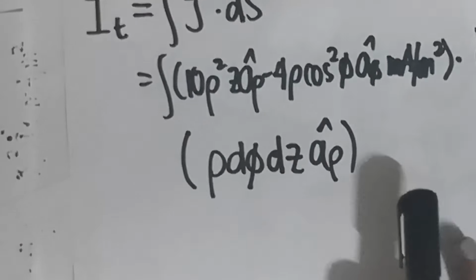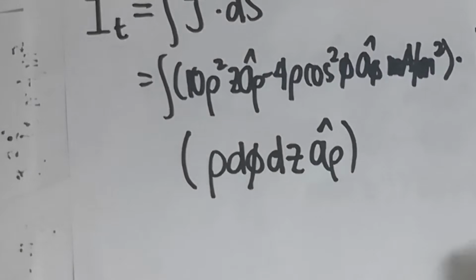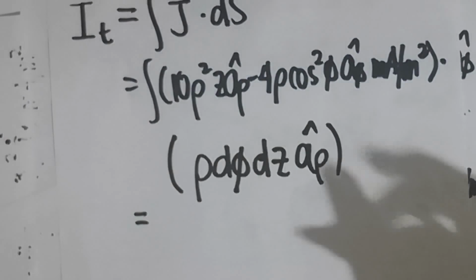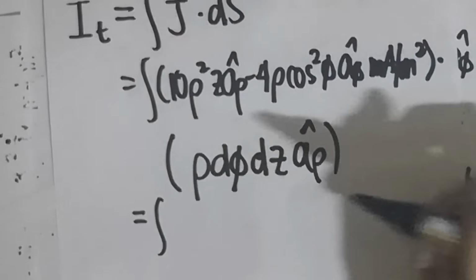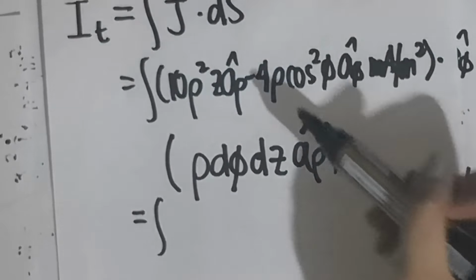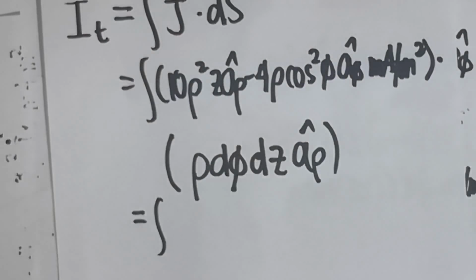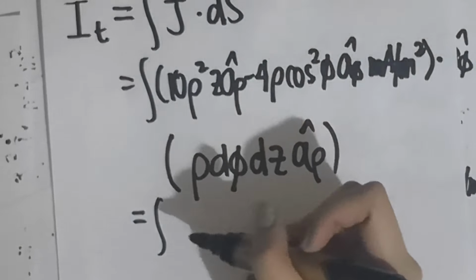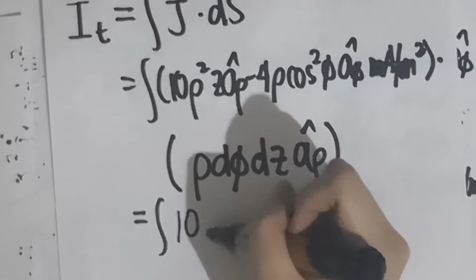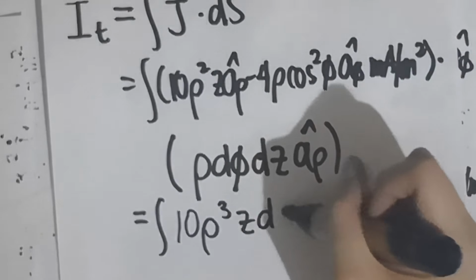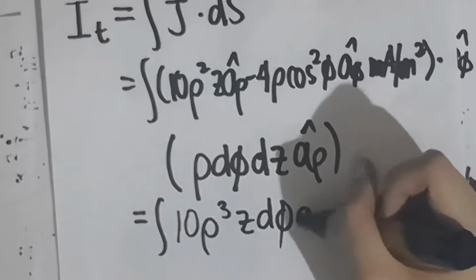So we can compute for the total current. We first evaluate the dot product. Only the a rho terms will remain, and the a phi term will be cancelled out since we're dealing with the dot product. So we are left with 10 rho cubed z d phi dz.